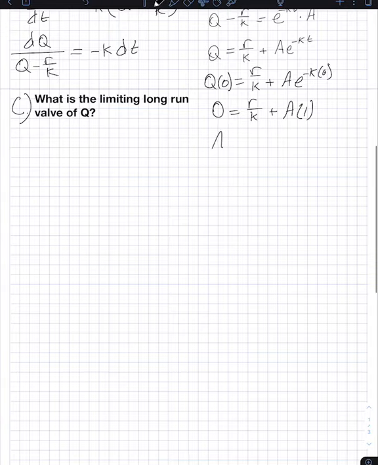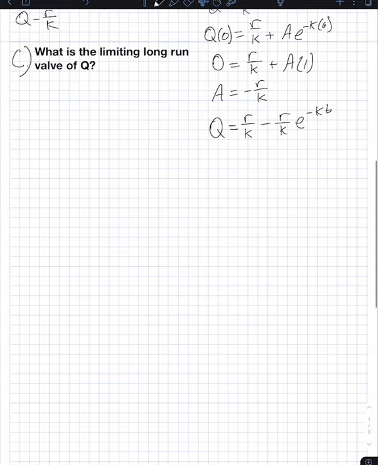So we subtract R/k over to the other side, and we have A equals negative R/k. Then we plug A back into Q, and we have R/k minus R/k e to the negative kt. And that is it.